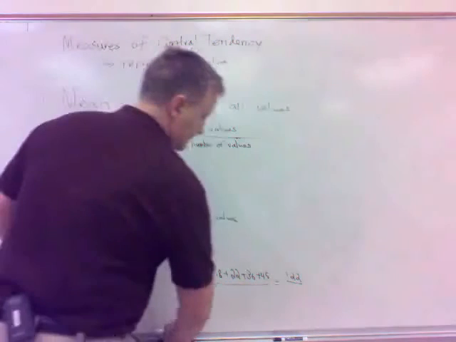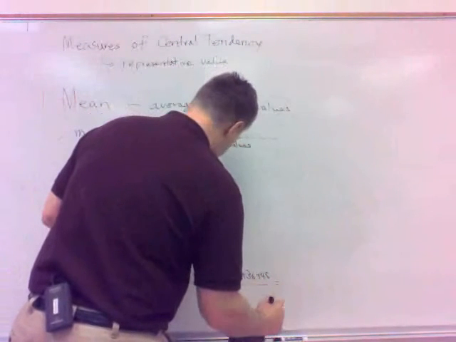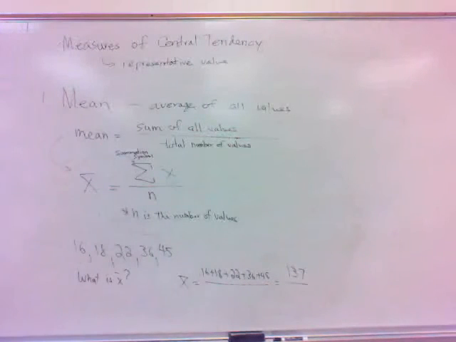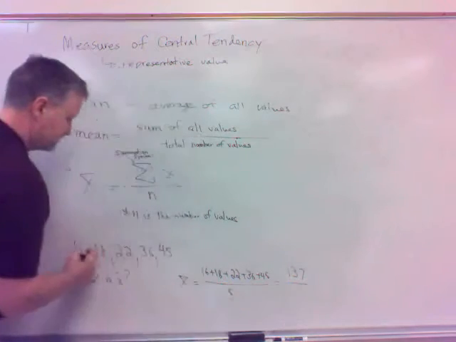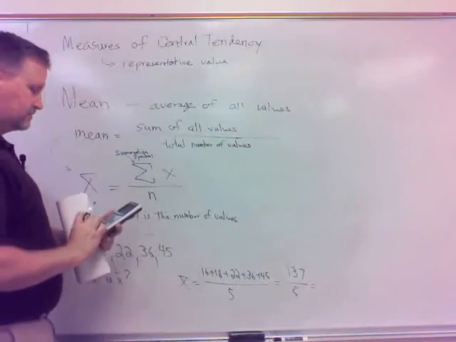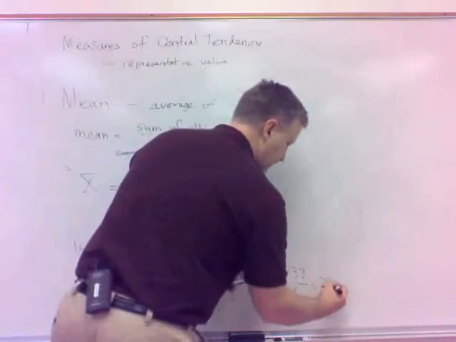Yeah, 137. I get 137. Okay. 137, and then we divide by what? Divide by 5. 5 values, so we divide by 5. So 137 divided by 5, we're going to get a nice little decimal, 27.4.